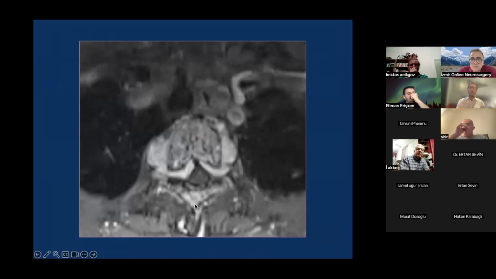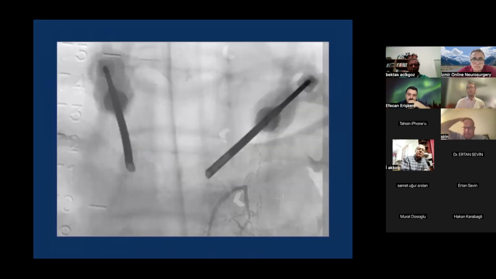So we decided to do our technique, which consists in doing first a sclerosis with pure alcohol of the epidural component, and 2 to 3 weeks after to do the regular vertebroplasty through a posterior approach. So this is the positioning of the needle to perform the sclerosis with the alcohol.